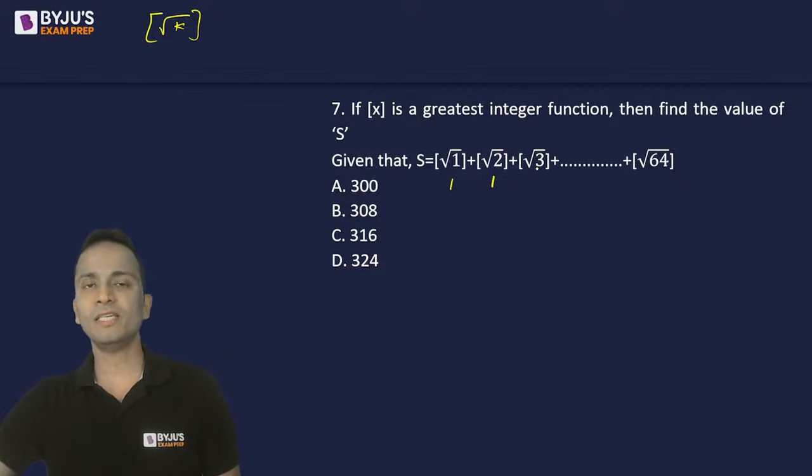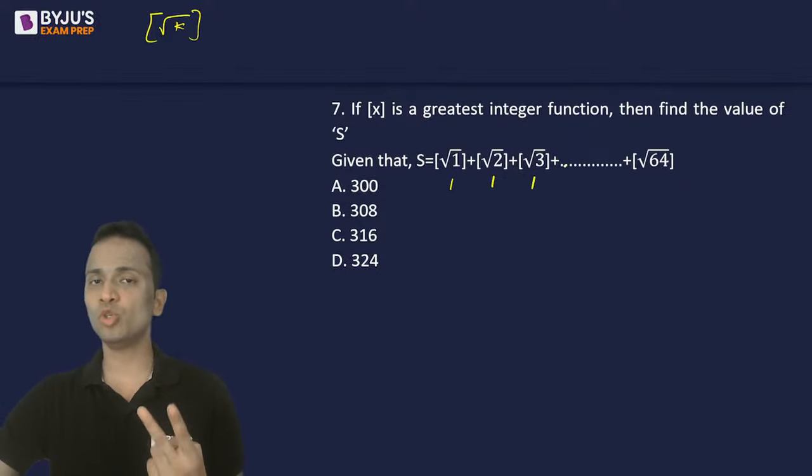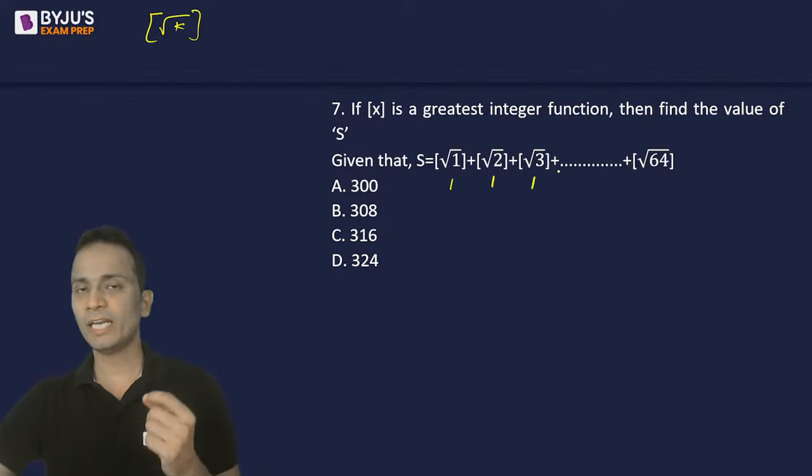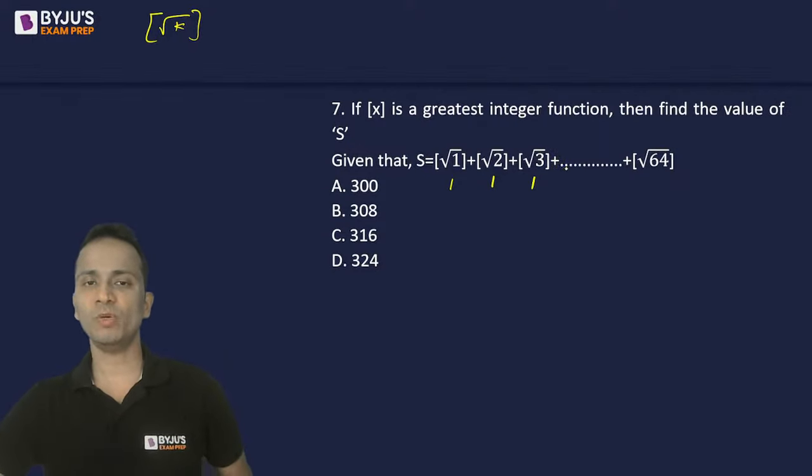Under root 3 is 1.7 something, so the greatest integer function will be 1. But under root of 4 is equal to 2, and greatest integer function of 2 will be equal to 2.